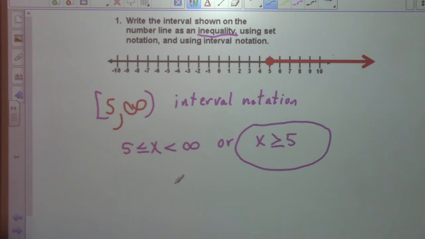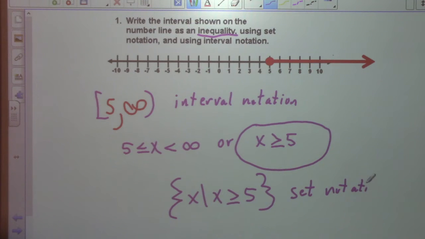And then set notation is simply this: x such that, and you take either one of these and plunk it down there. x such that x is greater than or equal to 5. So this is your set notation, and this is your inequality notation.